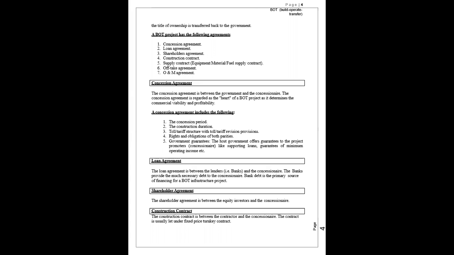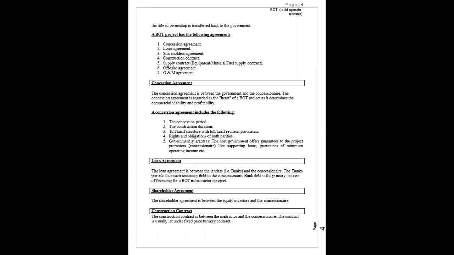In that case, there may be a loss for the concession company or operator company. Then they can take legal action against the government, as toll is there for the next 20 years. How can the government pay off this toll? The government has to give this much amount of money to the operator, or the toll should be restructured. Those revision provisions we have already discussed in the third point.